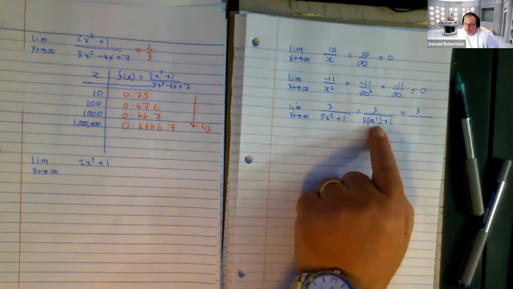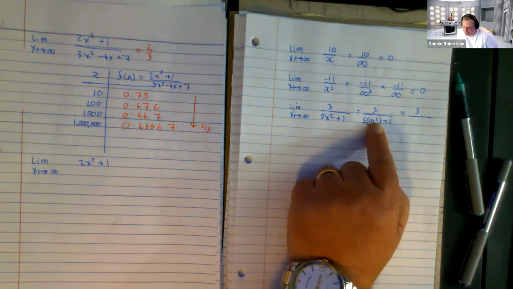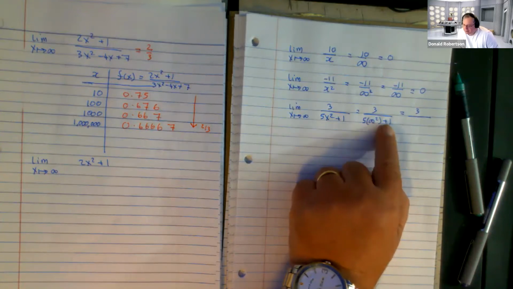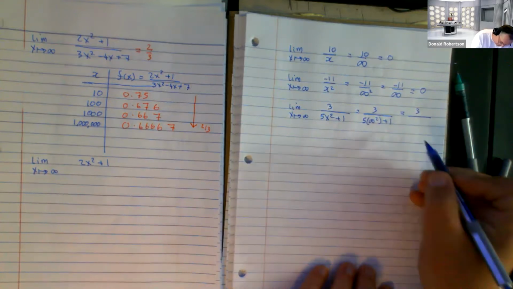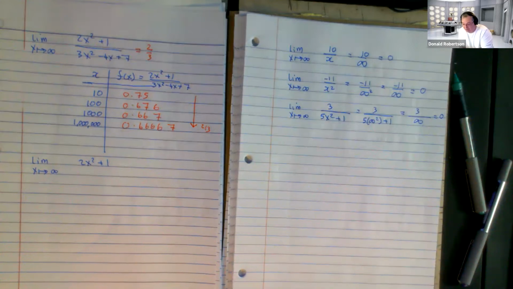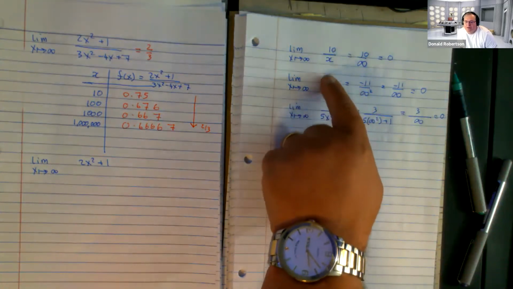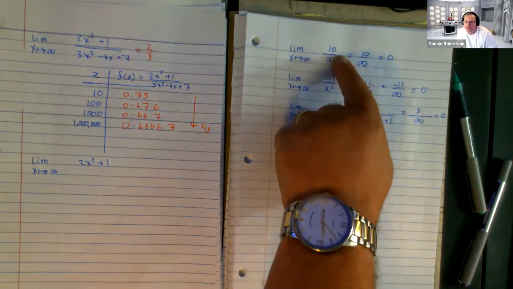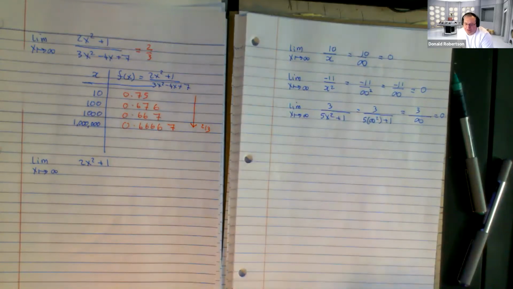Would you agree infinity squared is still infinite? Would you agree 5 infinities is still infinite? Would you agree 5 infinities add 1 is still infinite? Have you got a theme here that things tend to be 0 in all of these cases? So we're going to use this idea that we can estimate the value of various combinations where, as long as the bottom has an x in it or something, we're good to go, right?